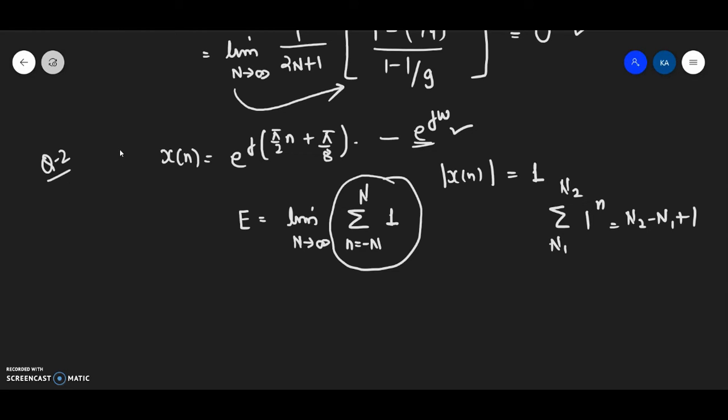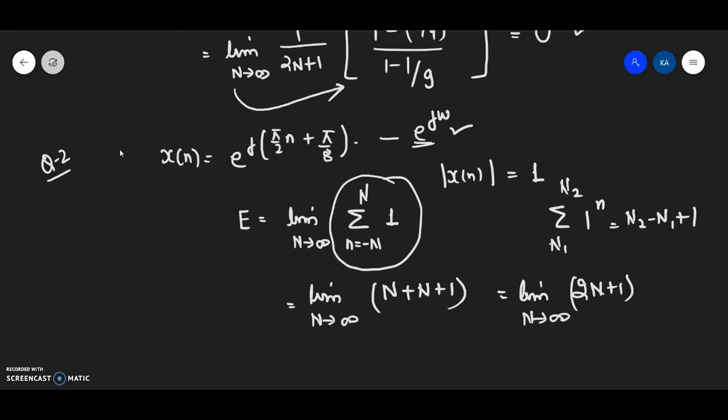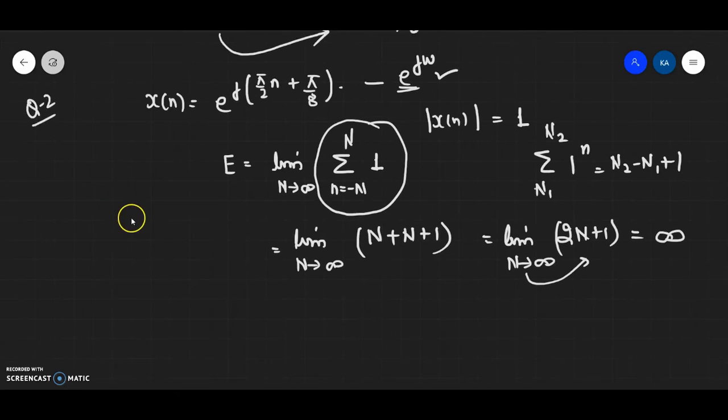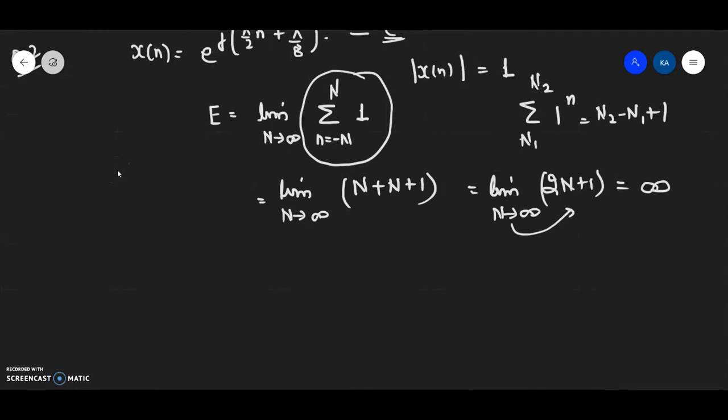So this will give me limit n tending to infinity, n2 is n, this is n plus n plus 1. So this will come out as 2n plus 1, and on putting the value of n, the first term is infinity. Infinity plus anything will give you infinity. That means the energy of this particular signal is infinite.